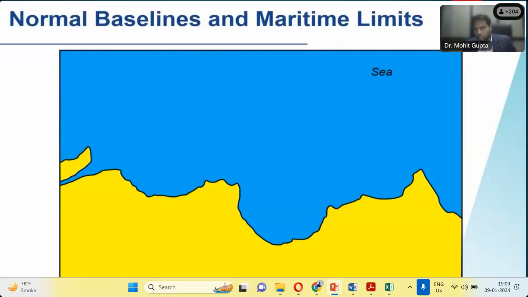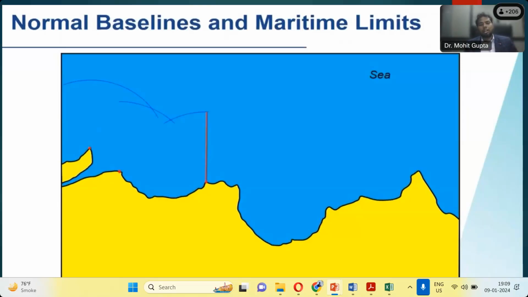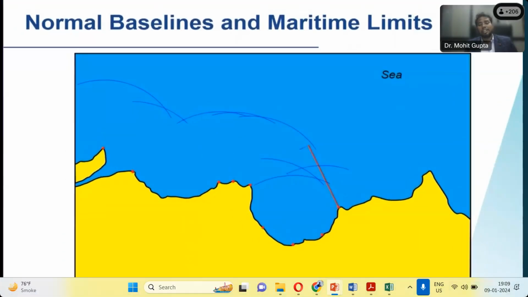But a pictorial display of the same concept will definitely make things easier. For instance, in this diagram, I want to show how easy it becomes to determine maritime zones. If you see this, once a coastal state has made the baseline and identified the base points, then they have to draw the arcs.